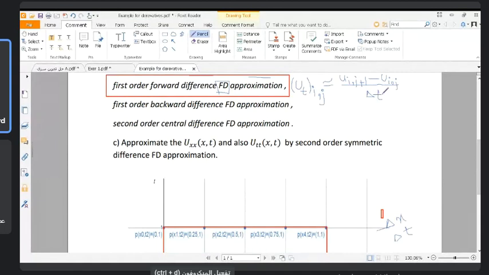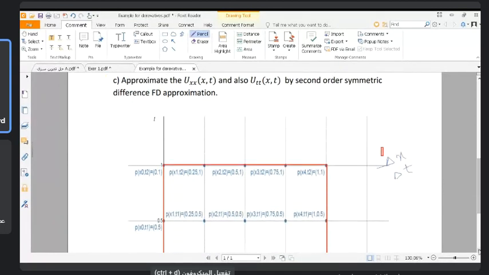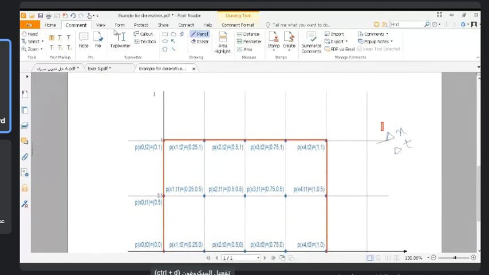Okay, I compute for one point, and for the other points you should compute the u_t.